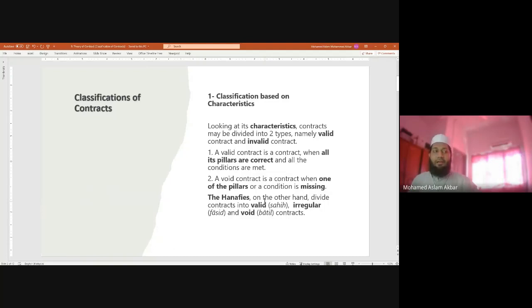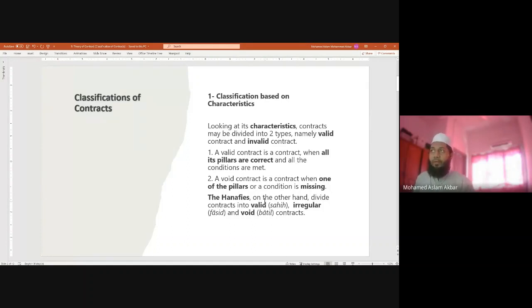If everything is fine and all the pillars are okay, we will call it valid. This is the characteristic, whether it is a right contract or a bad contract.